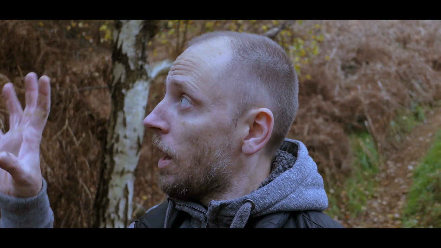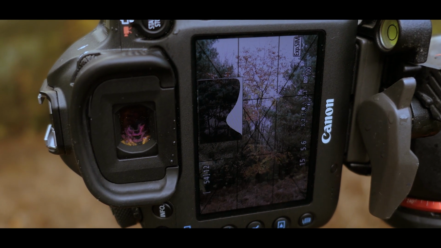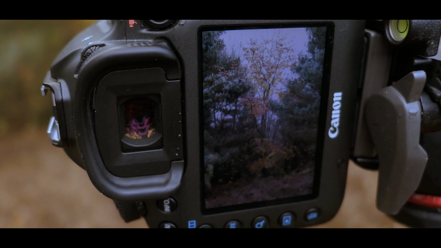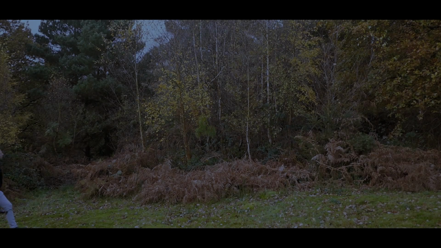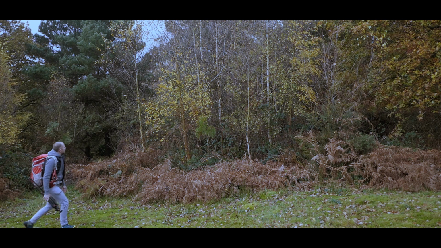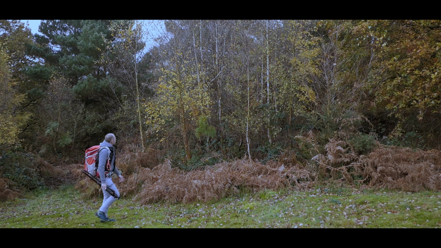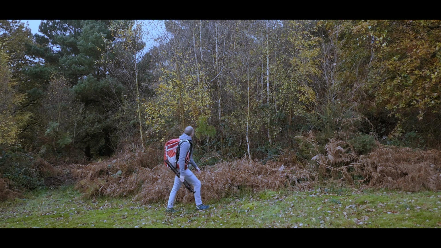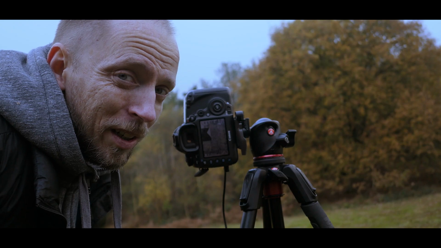And that means that I don't have any distracting elements around the edge of the frame. But with all that said, you could just embrace the clutter and try and capture that.